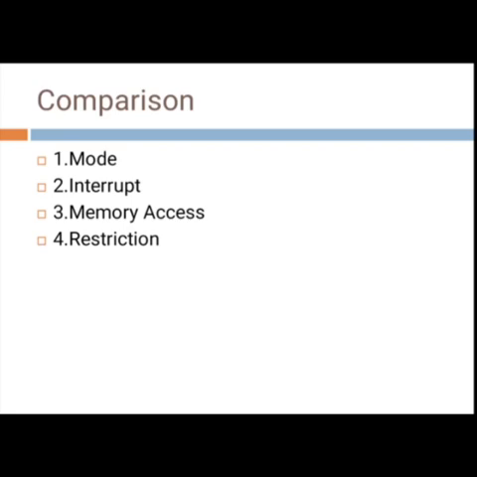Moreover, critical jobs in the operating system are operated in supervisory mode. Also, the processor in the system frequently switches between the user mode and the kernel mode. I hope you understood the comparison of user mode and kernel mode or supervisory mode.